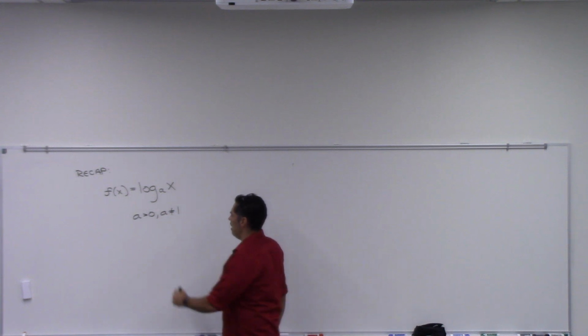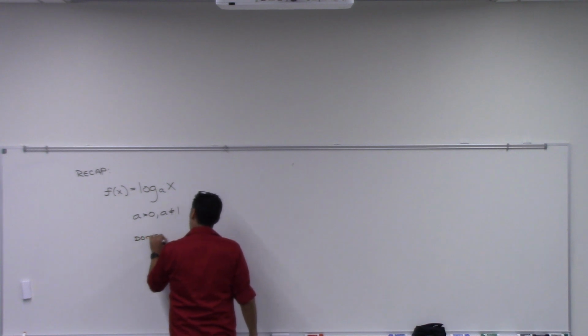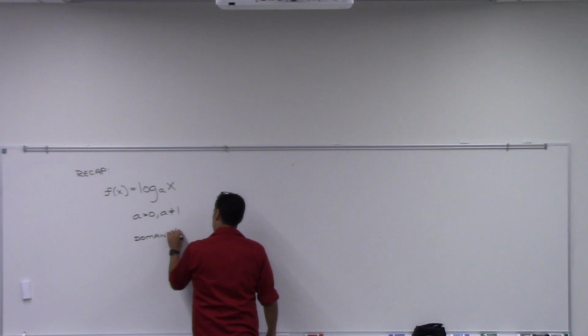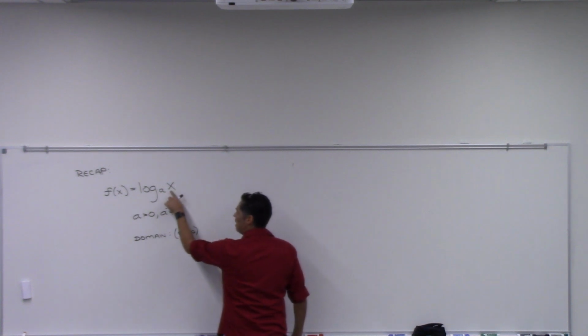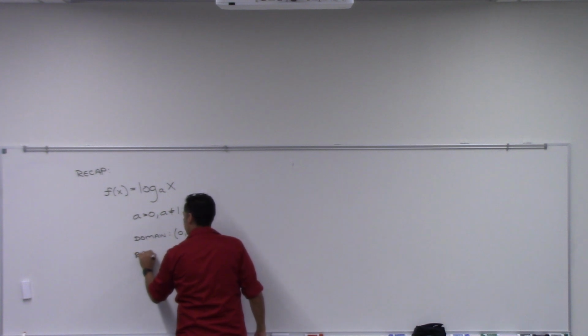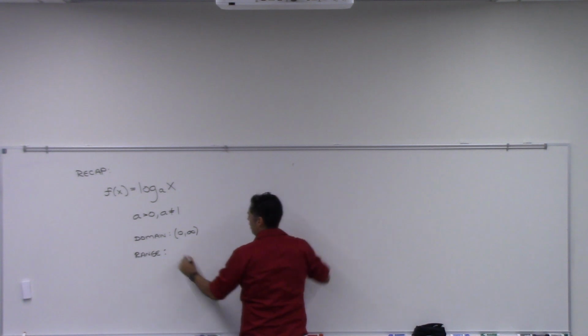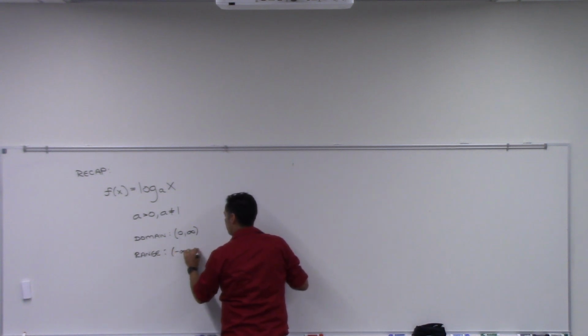The other important thing that we should know is that the domain is 0 to infinity, which means whatever's in here has to be positive. We know that the range of this is what? What's the range of that function when you graph it? Everything, right? Negative infinity to infinity.